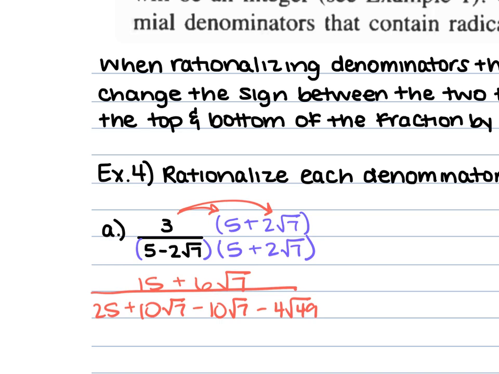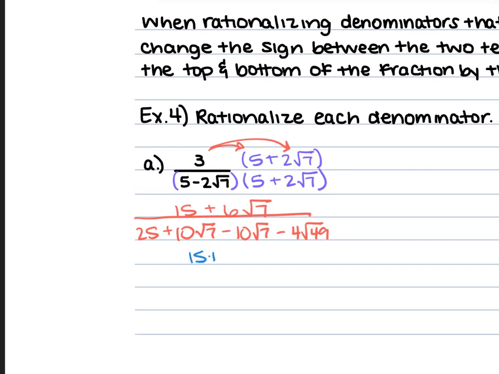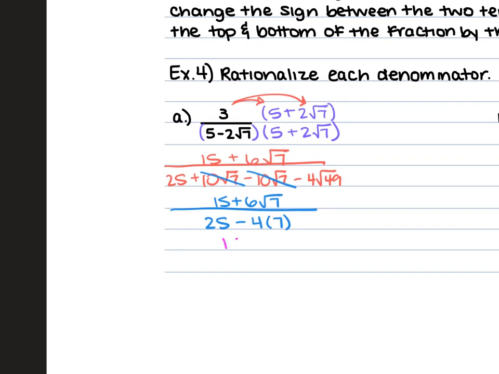From here, the 15 plus 6 square root 7 is going to stay. On the bottom, these 10 square root 7s are going to cancel. So we're going to have 25 minus 4 times 7, which is 28. So 15 plus 6 square root 7 all over negative 28.